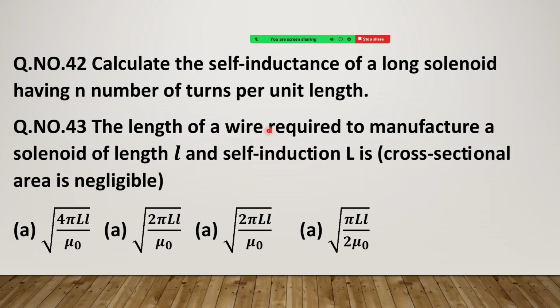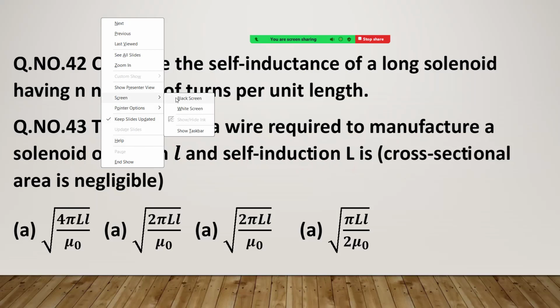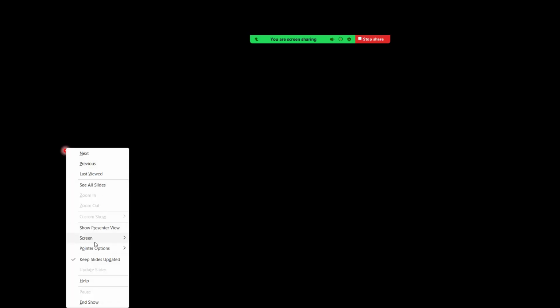Let's see what is given. The length of a wire required to manufacture a solenoid of length L and self-induction L is. The condition is that the cross-section area is neglected, right? What is asked now is the length of the wire required. Let us see. First of all, note down the given data.